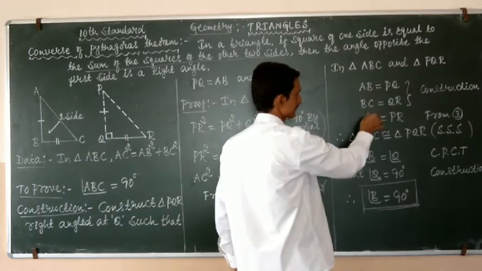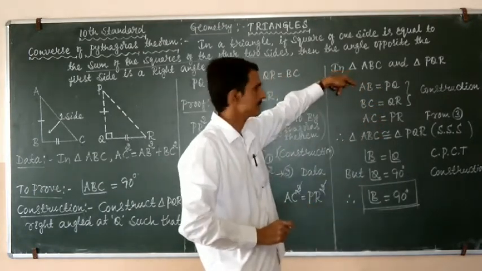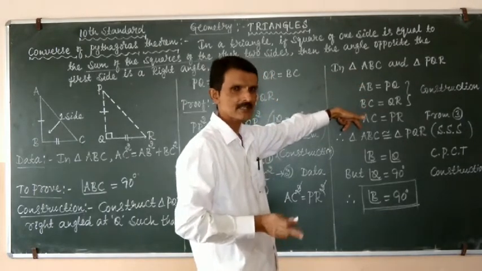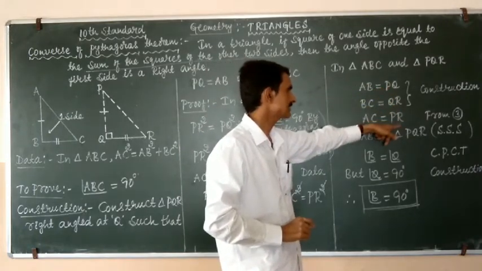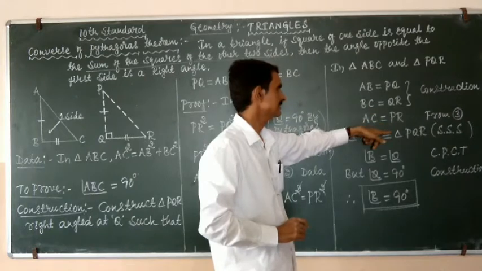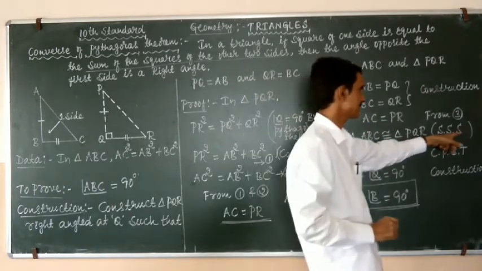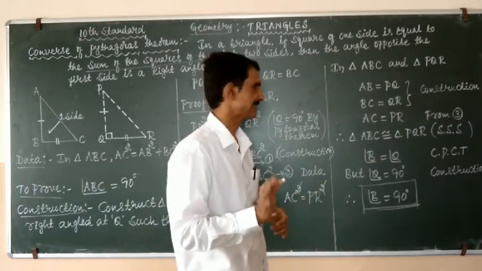Therefore, from the SSS axiom, if three sides of one triangle are equal to the corresponding sides of the other triangle, then they are congruent, not similarity criteria.